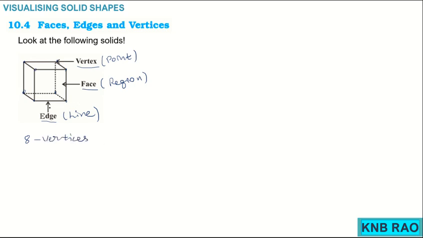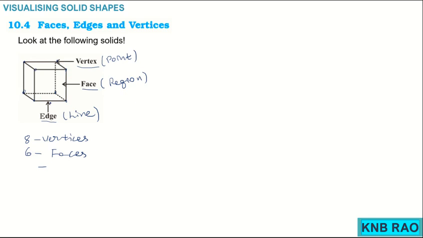Then, in a cube, you know there are 6 surfaces. So, we call them faces. You might have seen normally while playing Ludo the dice. That die contains 6 surfaces. Then on each of the surface you can see 4 line segments.